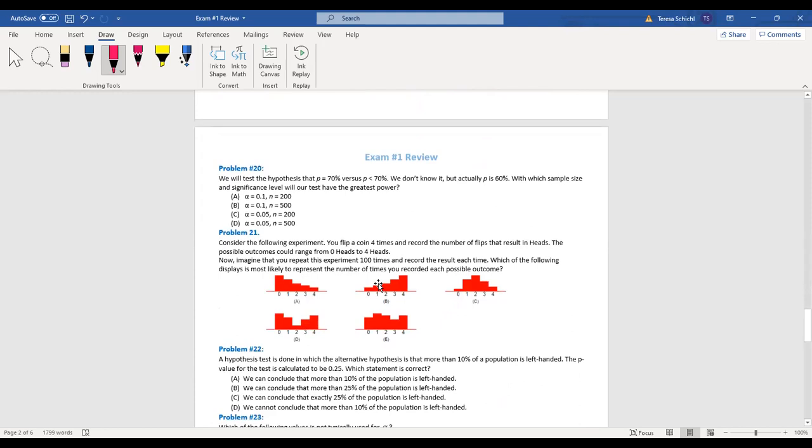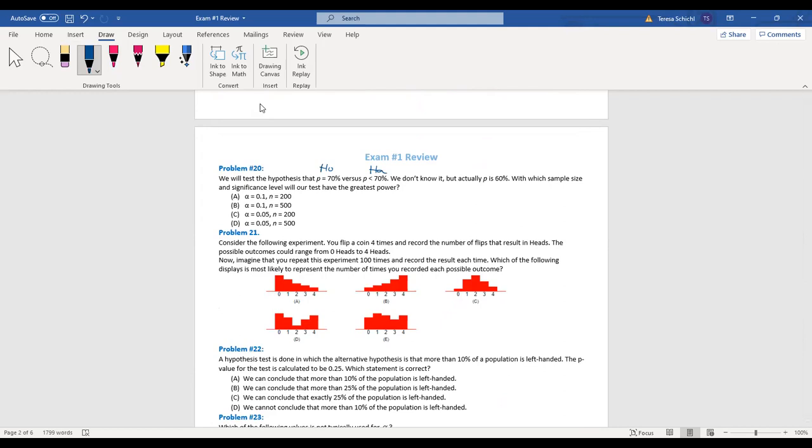Okay, now let's take a look at number 20. We will test the hypothesis P equal to the H0 versus P less than. So this one is H0, this is HA. And we don't know, but actually P is 60%.